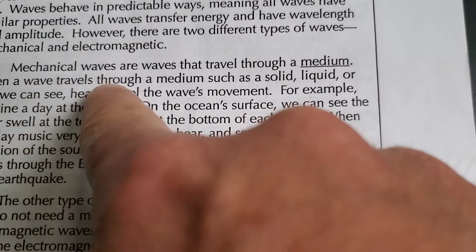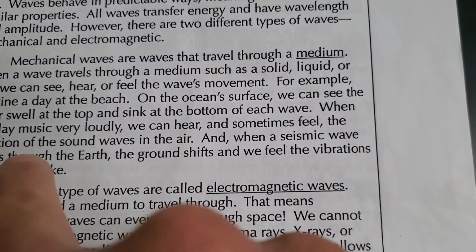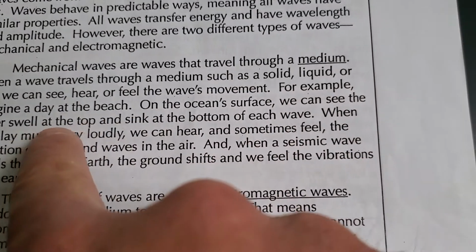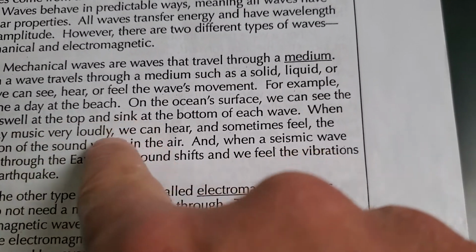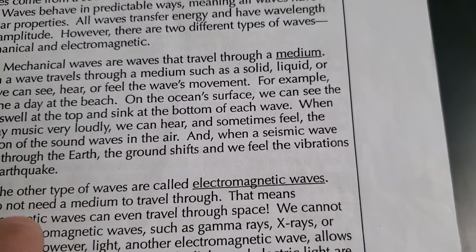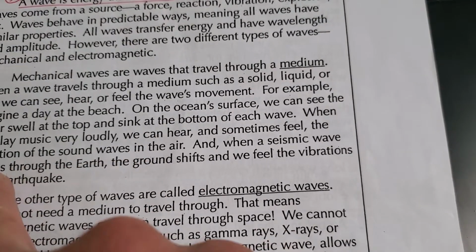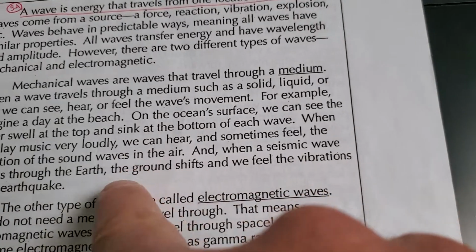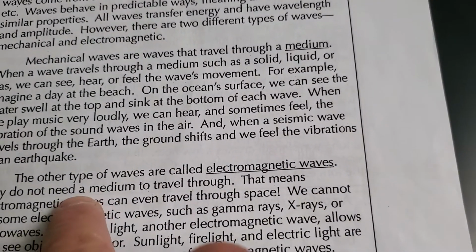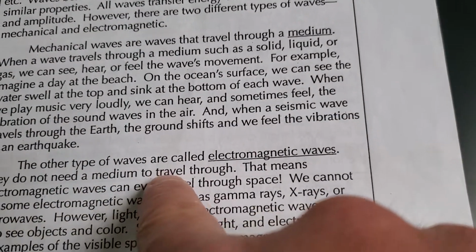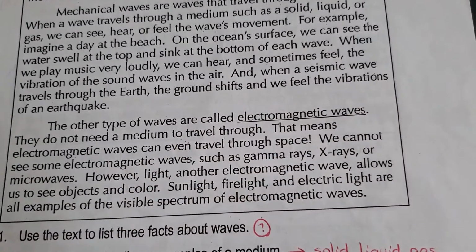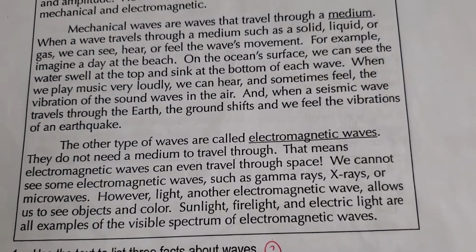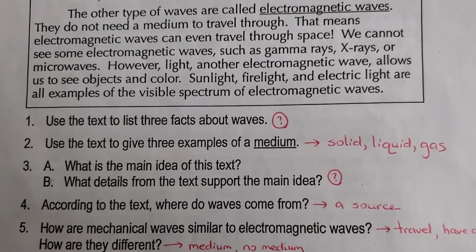When a wave travels through a medium, we can see the water swell at the top and sink at the bottom as it moves. Seismic wave travels through the earth. Sound waves travel in the air. Electromagnetic waves don't need a medium to travel through. Do you see the pattern here? Waves travel from one place to another.